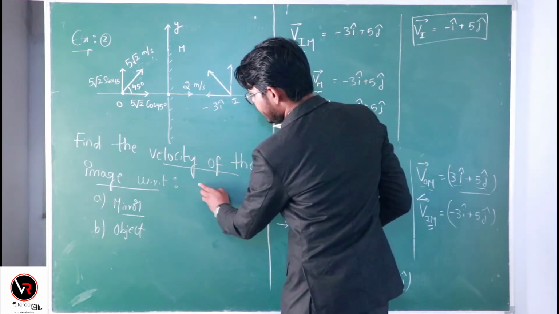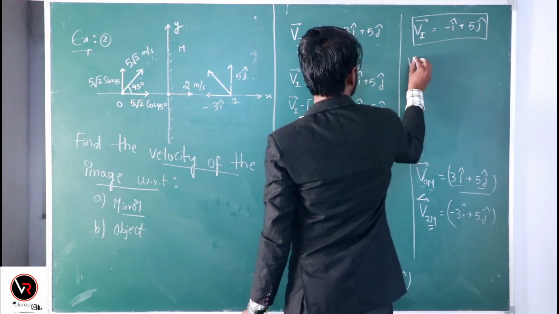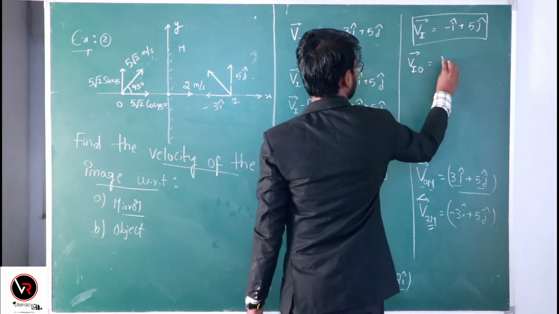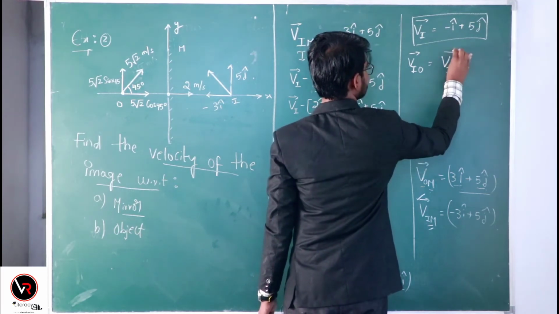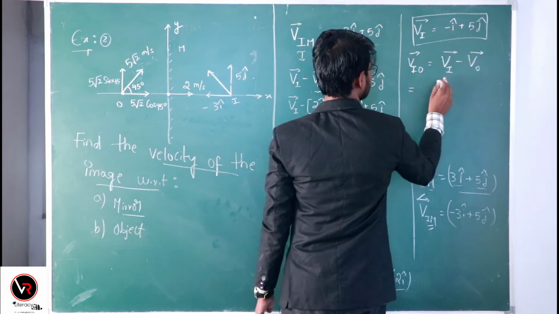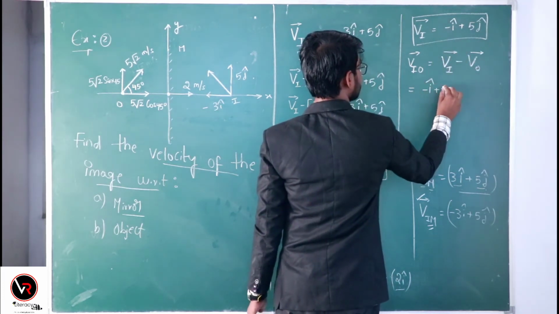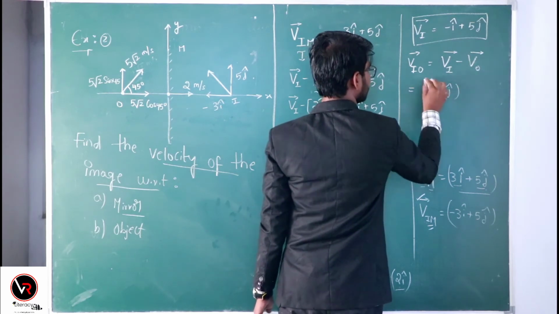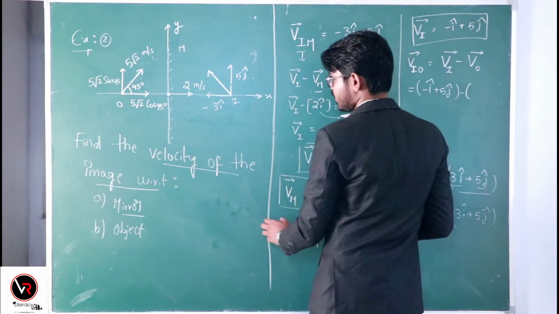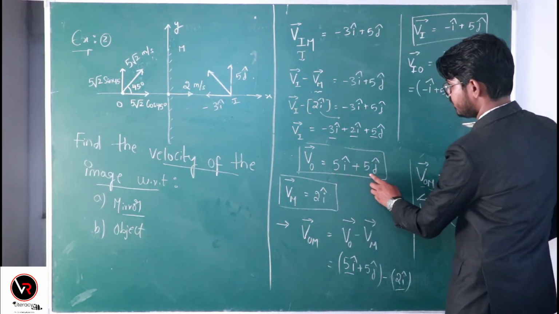So here we have to find the velocity of image with respect to object. So velocity of image with respect to object is equal to velocity of image minus velocity of object. What is velocity of image? Just now we found out, minus i cap plus 5 j cap. Minus, what is velocity of object? Velocity of object is 5 i cap plus 5 j cap.